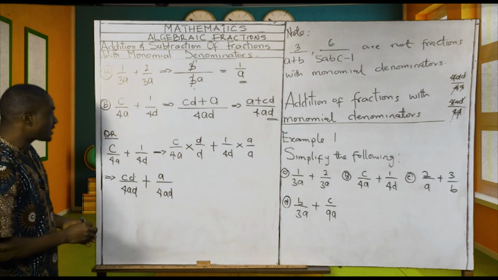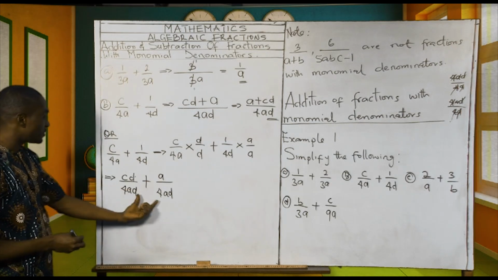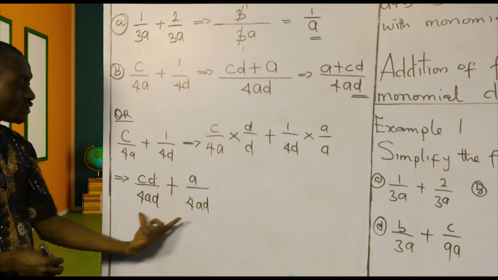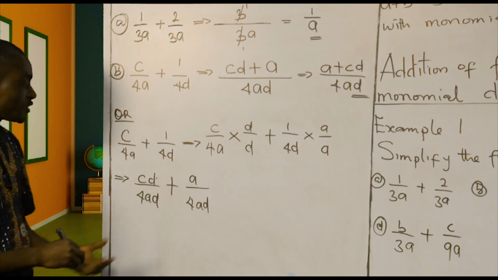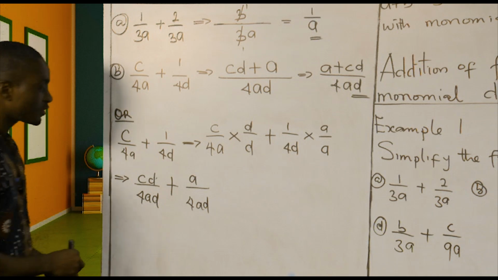Now, the essence of using this method is that I want to have common denominators so that it will be easy for me to add the two fractions together.